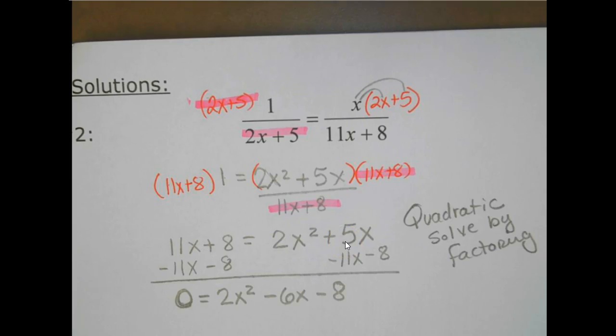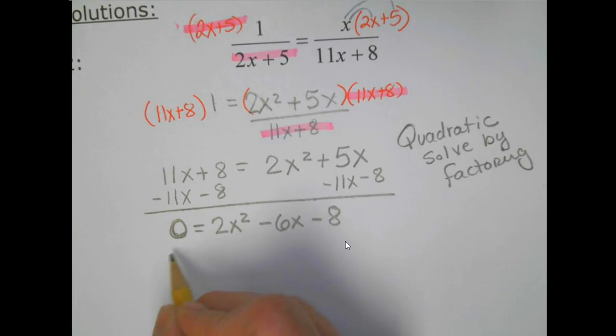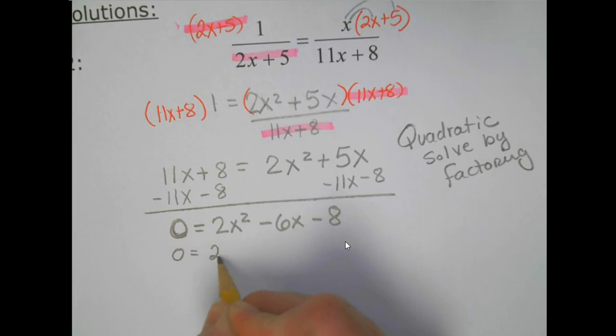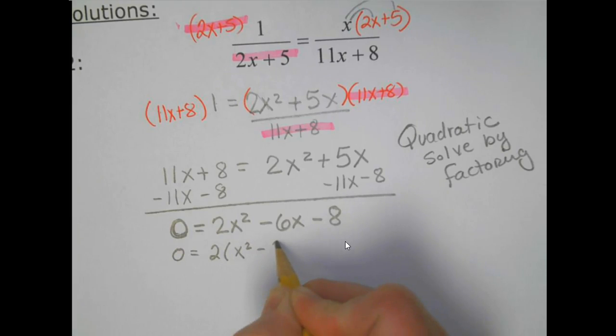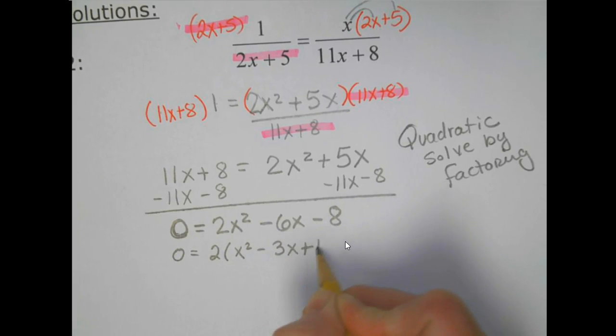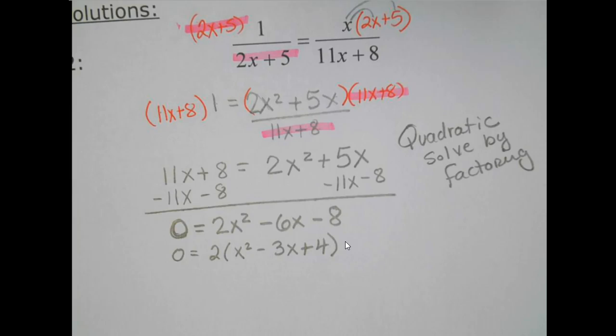Now, I'm not going to multiply the first number times the last number, find the factors of negative 16. That's the hard way. Do you see that they all divide by 2? 2, 6, and 8. So, what I am going to do is factor out a 2 and then continue factoring the part that's in parentheses.